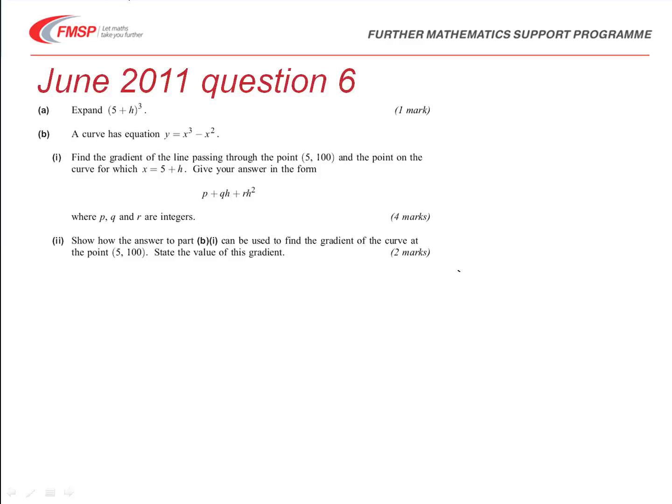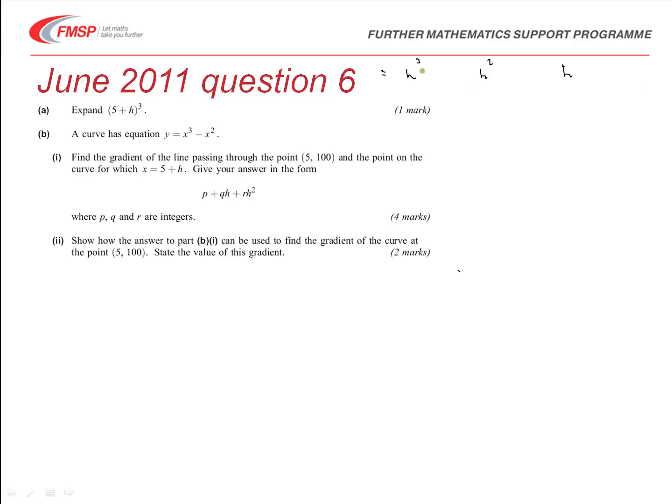Well, the first part of this question asks us to expand (5 + h) cubed. The easiest way to do that will be to use Pascal's triangle. When we expand this, we will get h cubed, then h squared, then h, and our final term will have h to the naught, which is just 1.